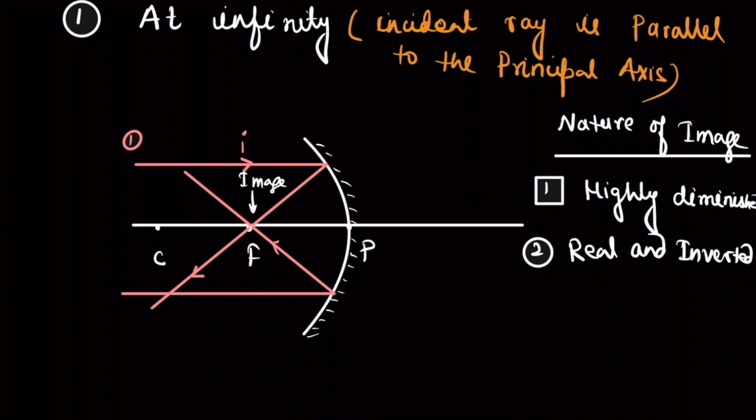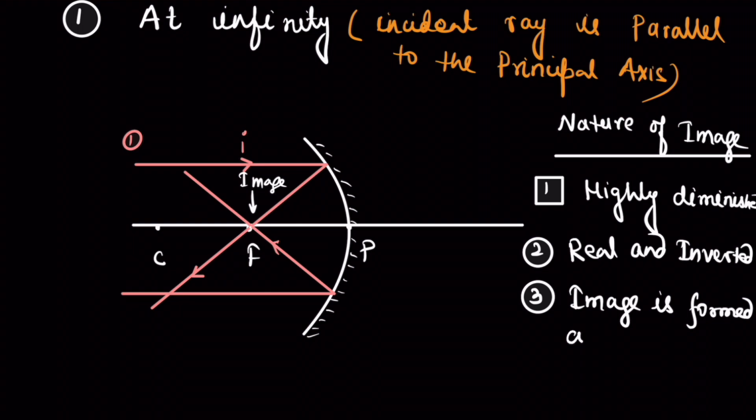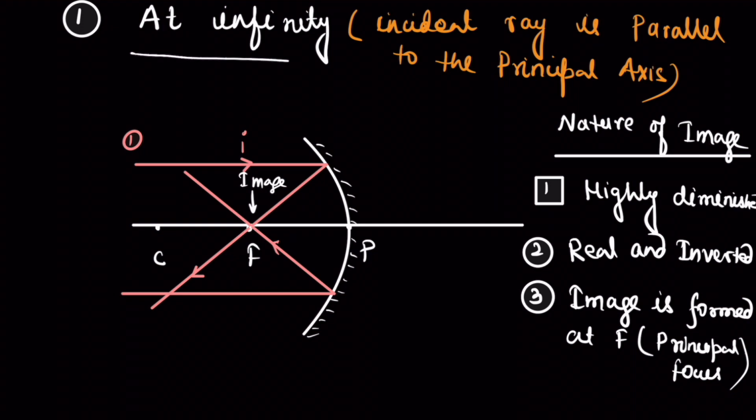Because both the object and image are on the same side. So in a mirror, when the image and object are present on the same side, it will be real and inverted. Third is, the image is formed at F. At F means principal focus. So this is our image formation when the object is at infinity.